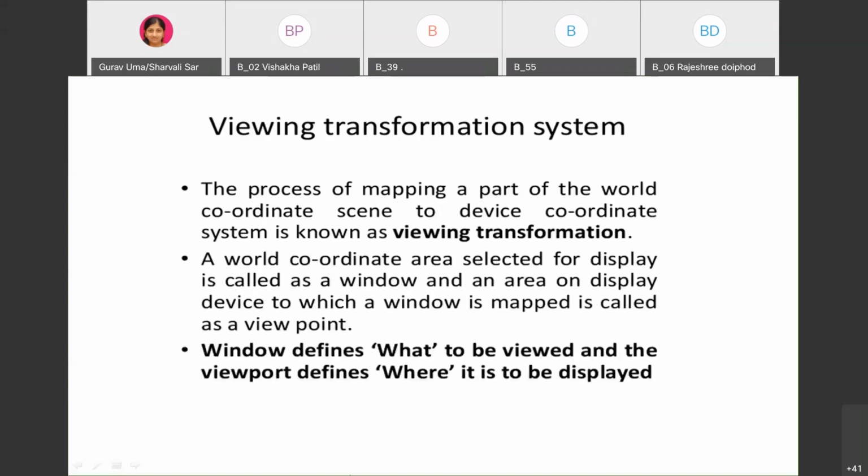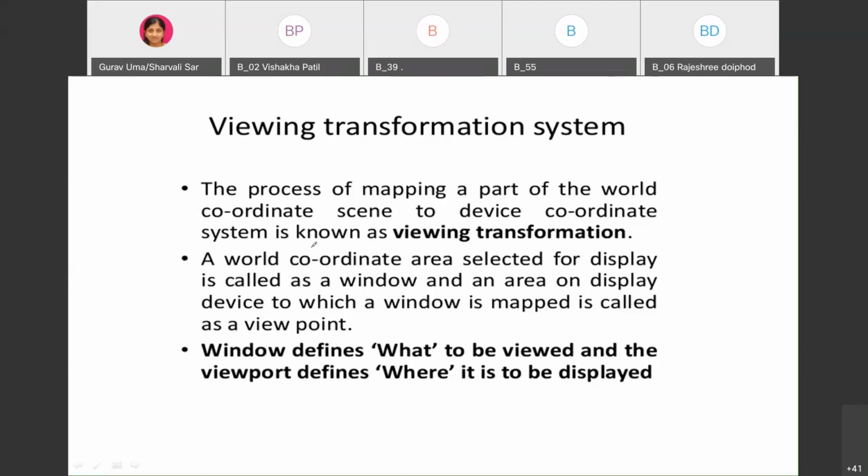Now see what is viewing transformation. The process of mapping a part of the world coordinate scene to device coordinate system is known as viewing transformation. As we know what is window and what is viewport, the process of mapping a part of world coordinate to a device coordinate is viewing transformation.